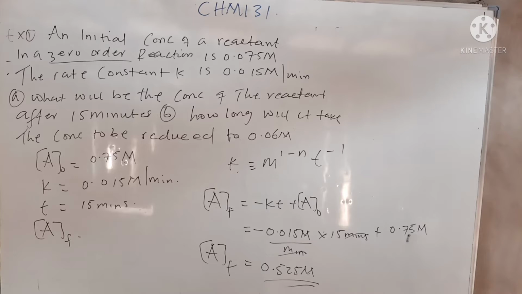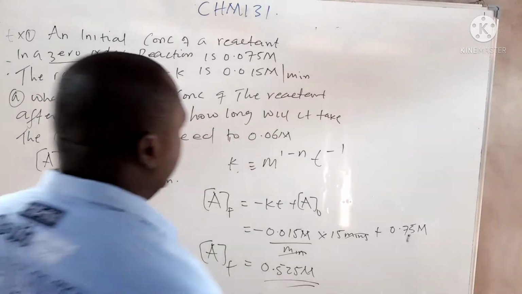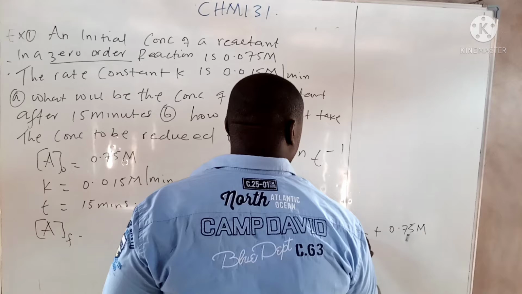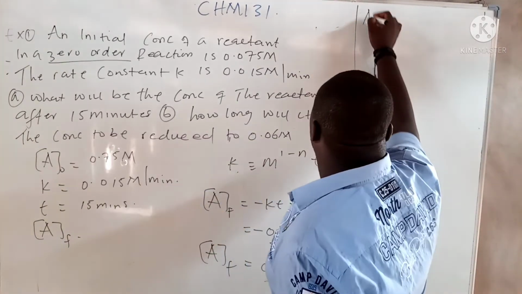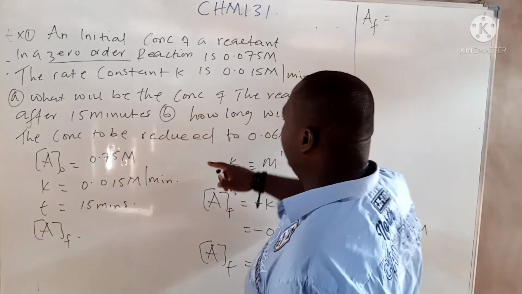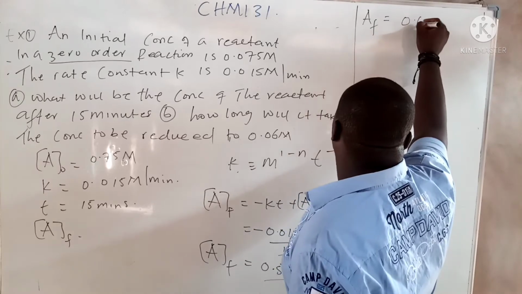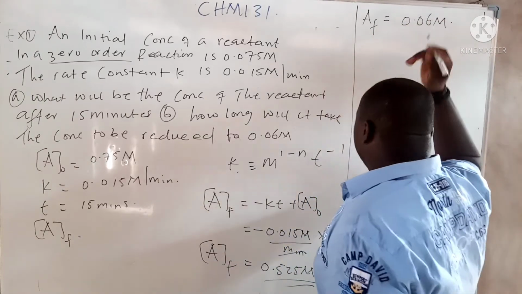Now, the B part is how long will it take the concentration to be reduced? So now they want us to find the time. Remember, the final concentration has been given. It has been reduced to 0.06 molarity.